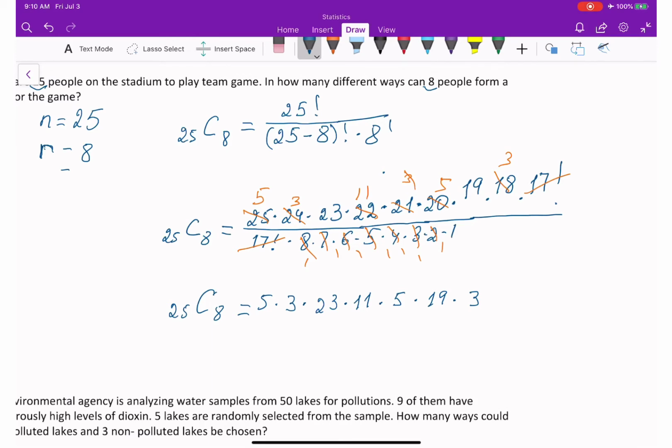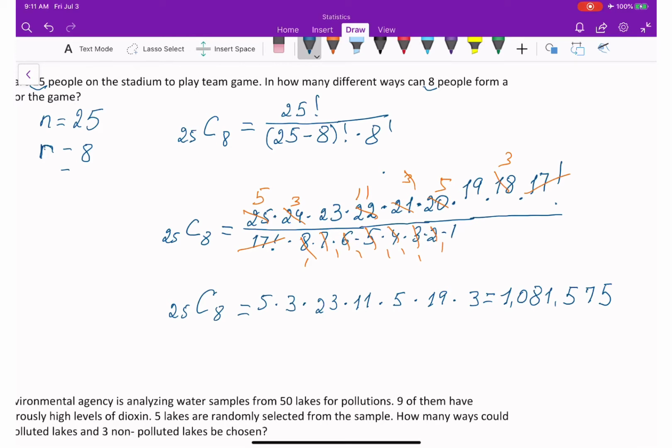And we get 1,081,575. Okay, let me write it nicely. It's my handwriting, sorry. 1,081,575. There we go.